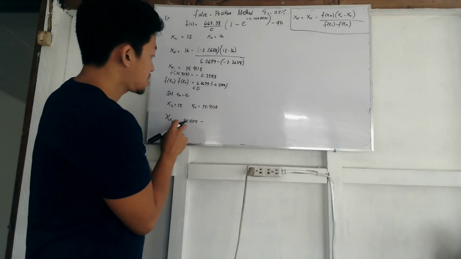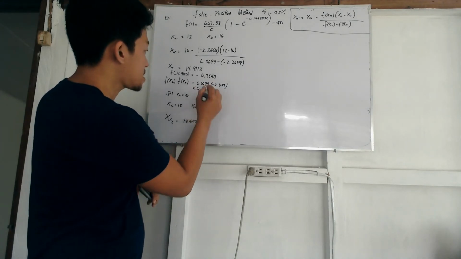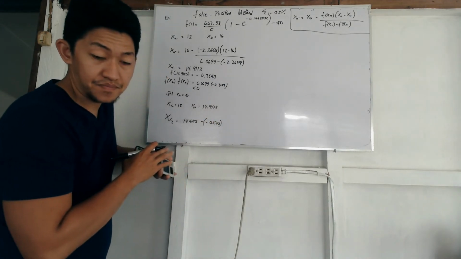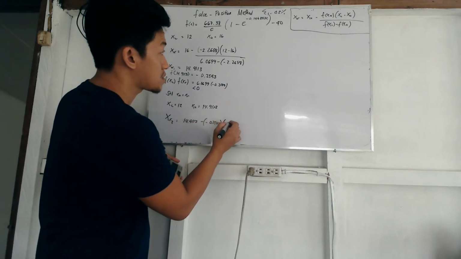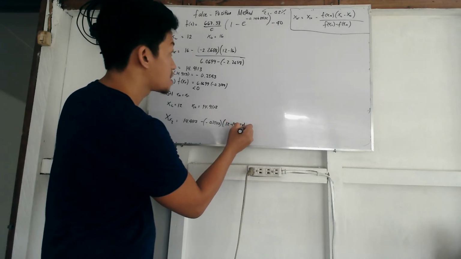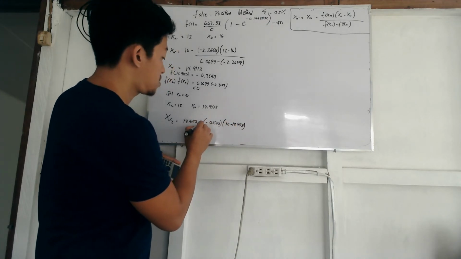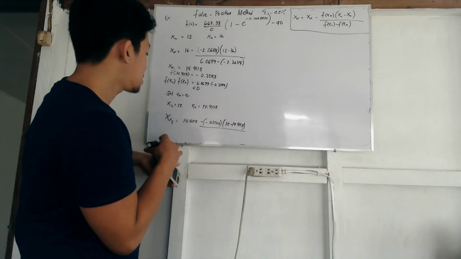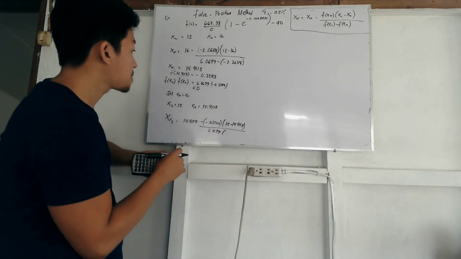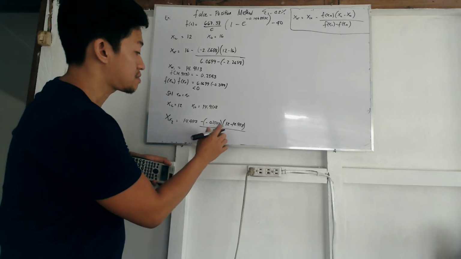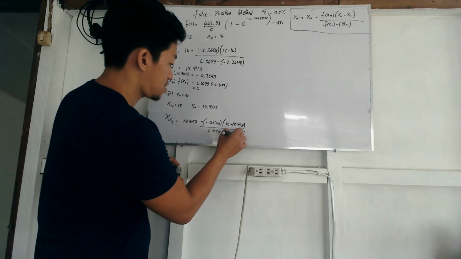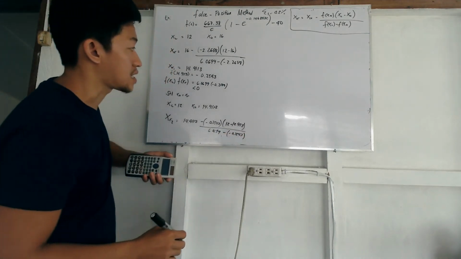Minus f of 14.9113 is negative 0.2543, times 12 minus 14.9113, over f of 12 minus f of 14.9113, negative 0.2543.